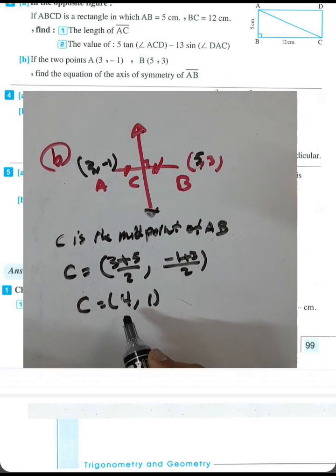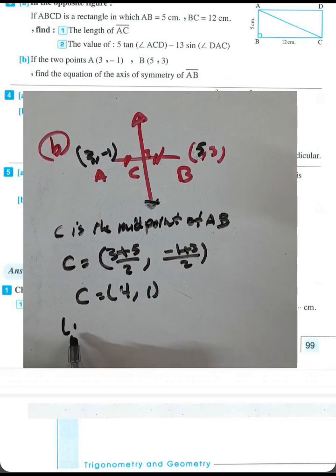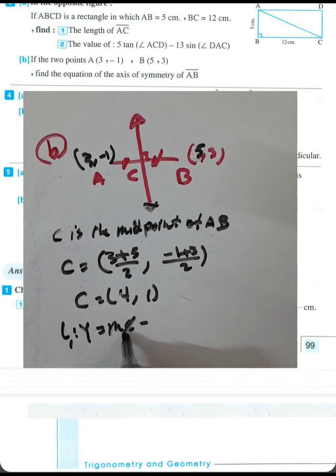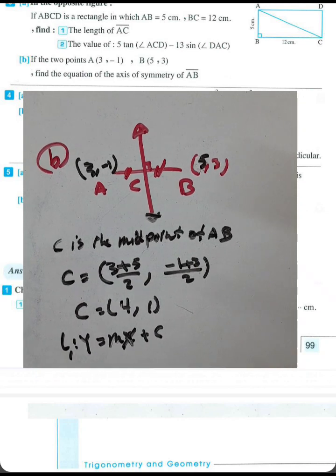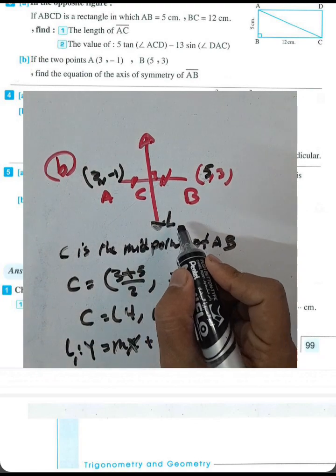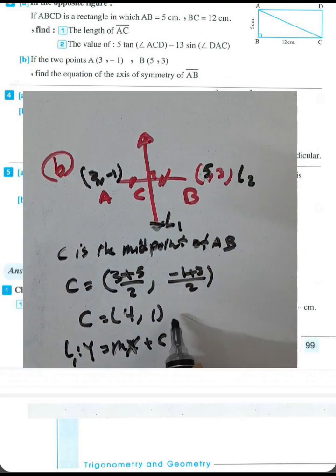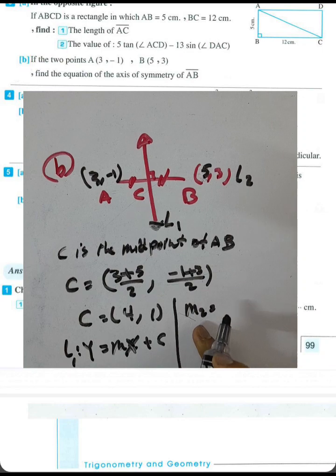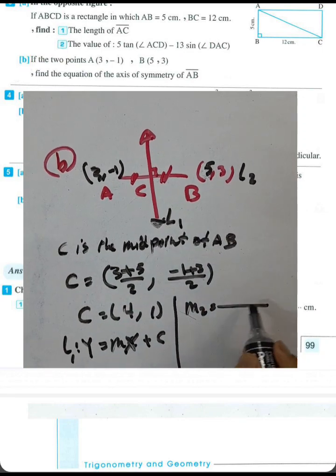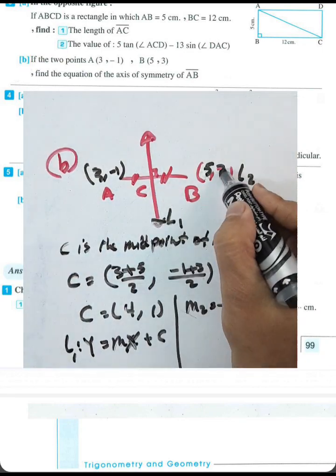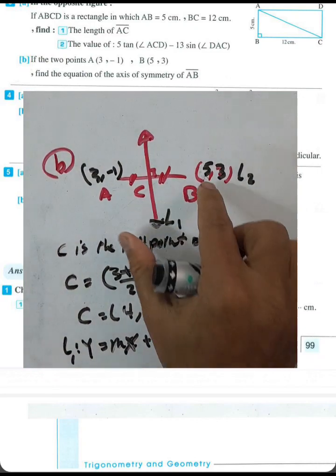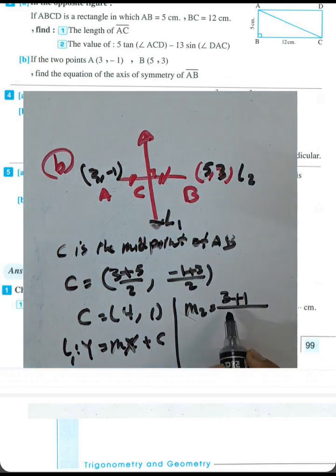Then we can put the equation of the straight line as y equals mx plus constant. We will call this line L1 and the line AB L2. Then you can find the slope of L2: m2 equals y2 minus y1 over x2 minus x1, which is 3 minus negative 1, 3 plus 1, over 5 minus 3.